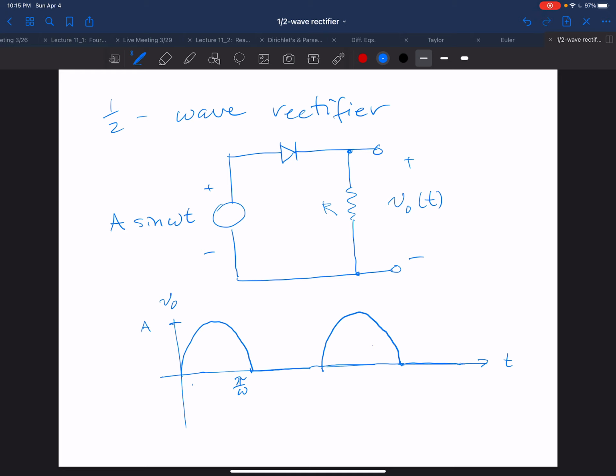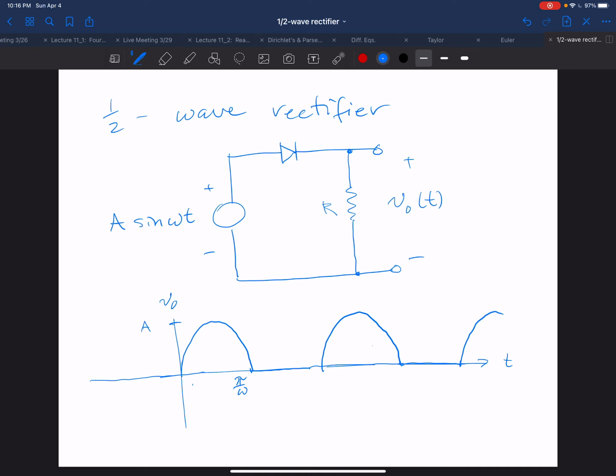We would have to do a lot more to clean this up to make it a nice steady DC voltage. And one way we can analyze this signal and see exactly what we need to do to it is to find its Fourier series. Right, this is a periodic function, so we can find its Fourier series.